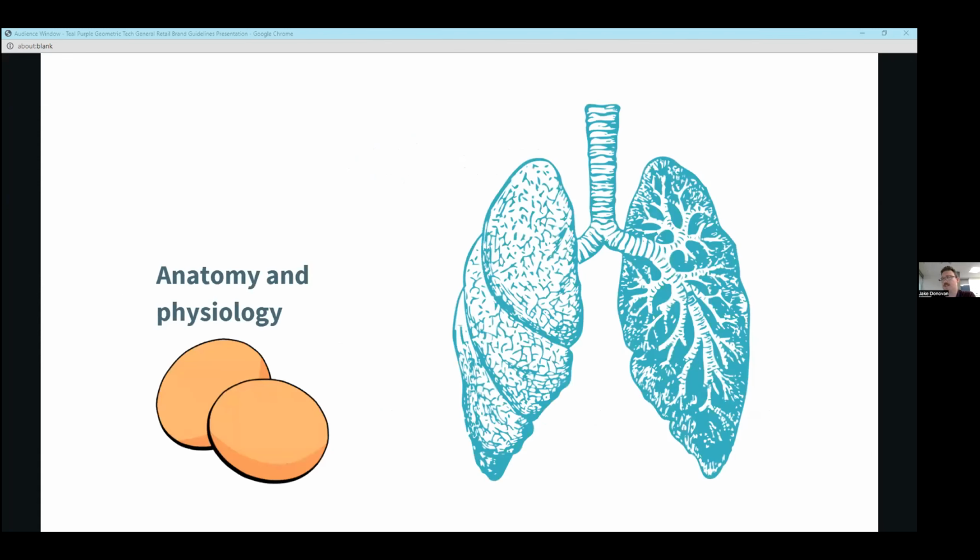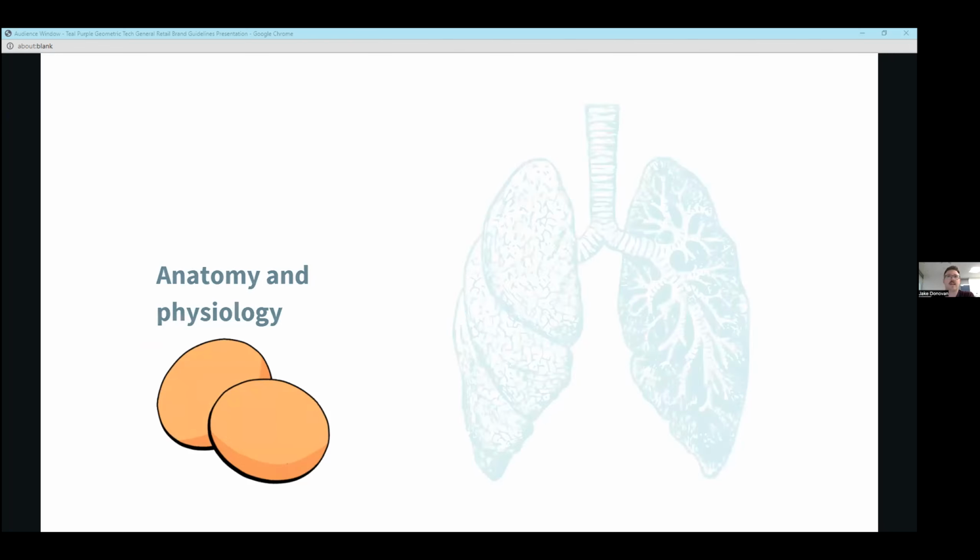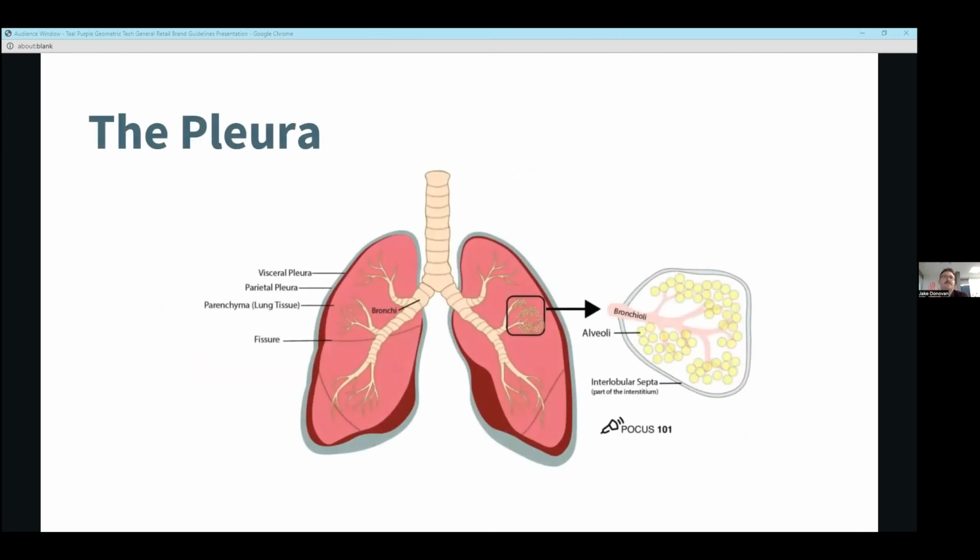All right, so as I said, a really basic overview of the anatomy and physiology. You've all been to medical school, so I'm sure your understanding of this is excellent, and I'm not going to teach you how to suck eggs. Start with the pleura. We've got our layers of pleura, visceral and parietal. They're challenging to differentiate on ultrasound, but apparently with a really high frequency probe, it is possible.